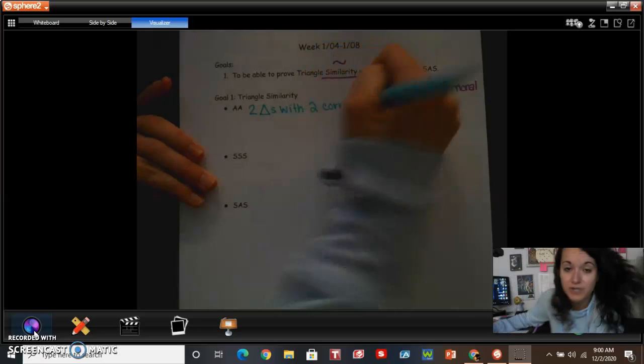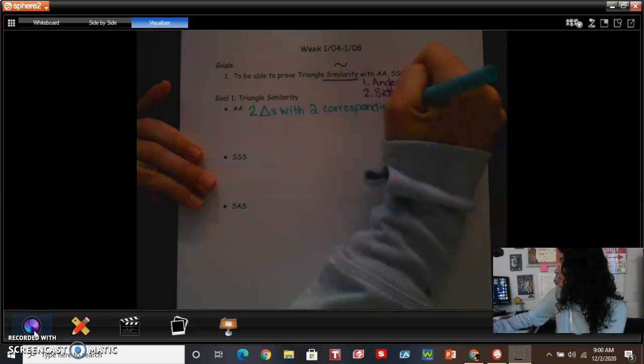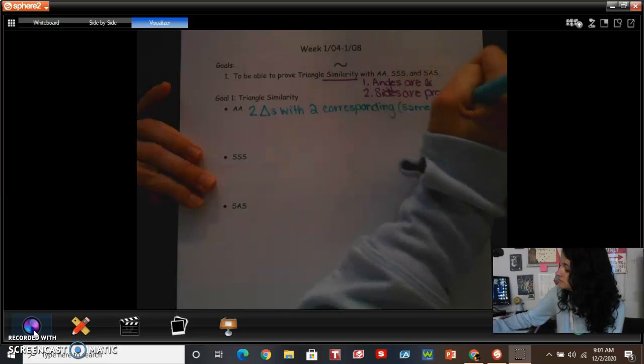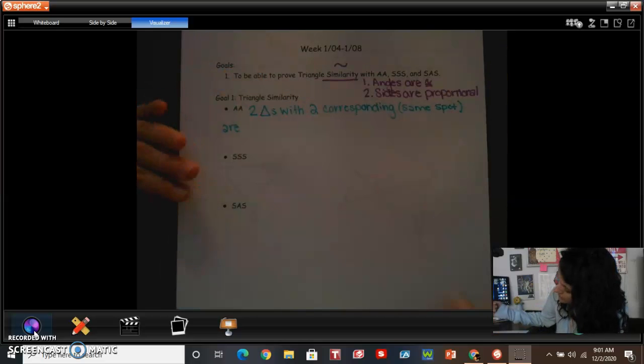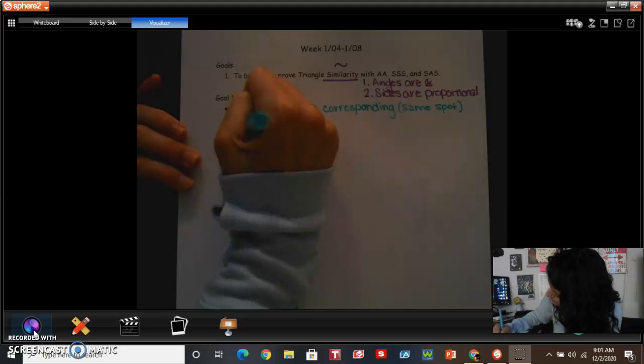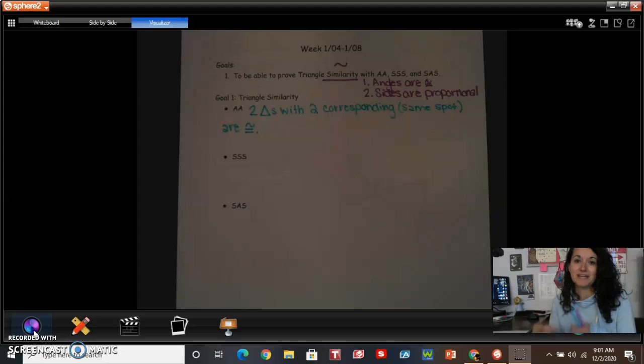Now remember, corresponding means in the same spot, same location, that are congruent. So if you have two triangles and they both have two sets of congruent corresponding angles, then you can say that those two triangles are similar by AA.